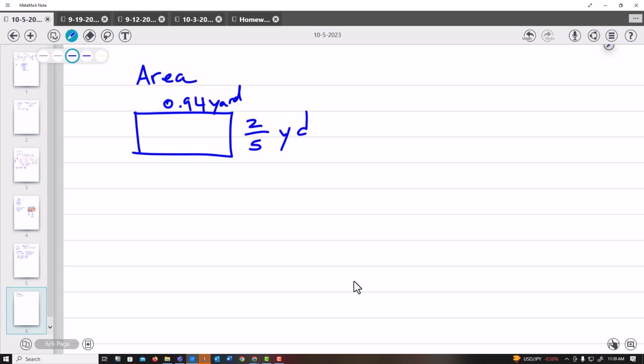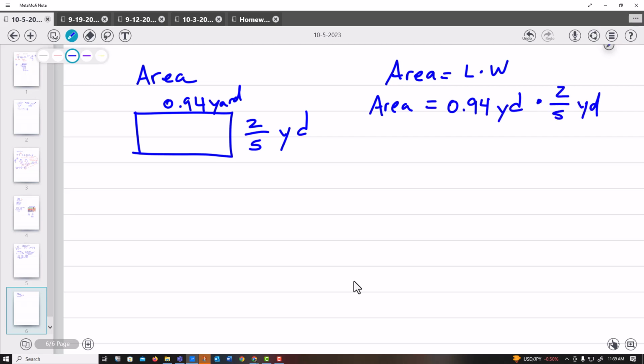And so I know my answer is going to be in square yards. How do I know that? Because the area formula is length times width. And in this case, I'm going to have 0.94 yards times 2/5 yards. And yards times yards is yards squared.